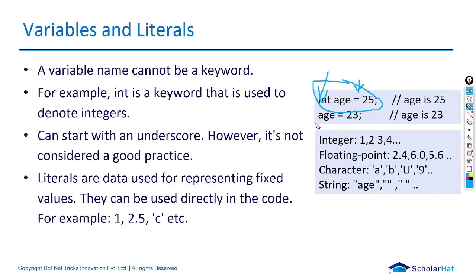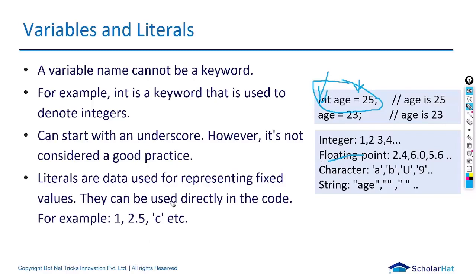Now, literals can be numbers, characters, floating points, and anything. So literals are data used to represent fixed values. They can be used directly in the code. 1 is a number, 2.5 is a floating point, this is a decimal. We call it floating point in programming.